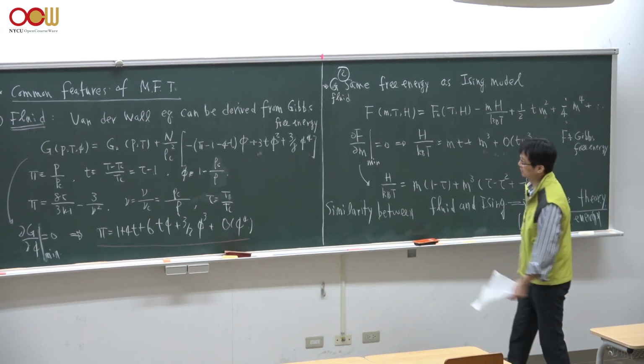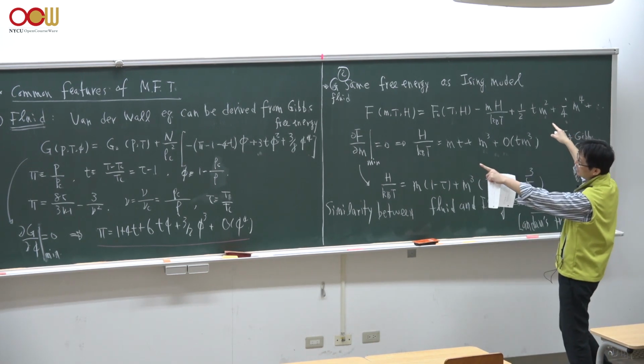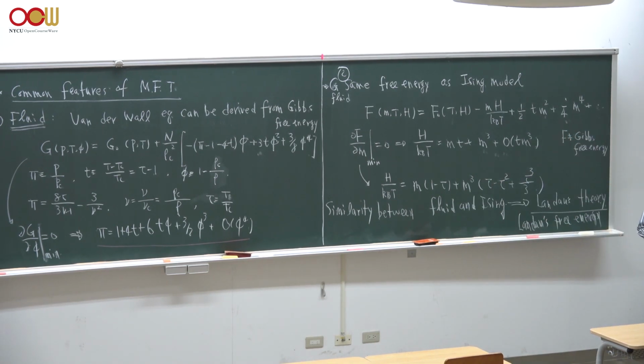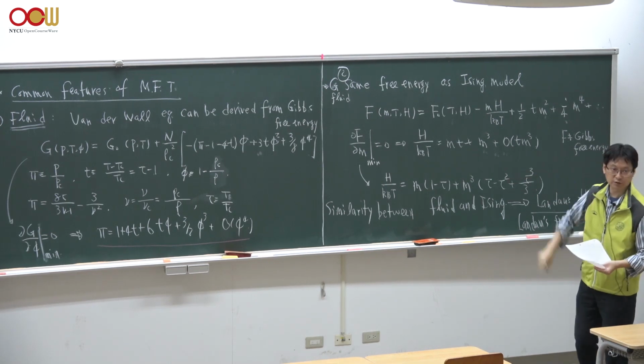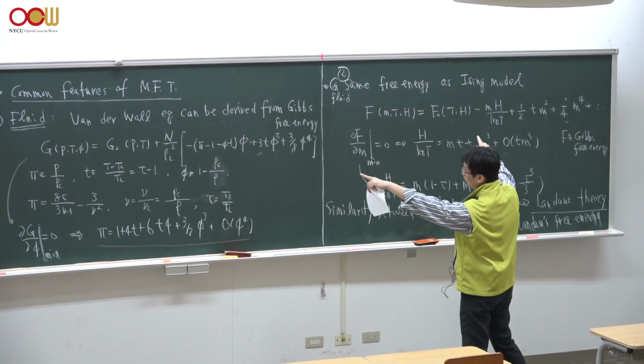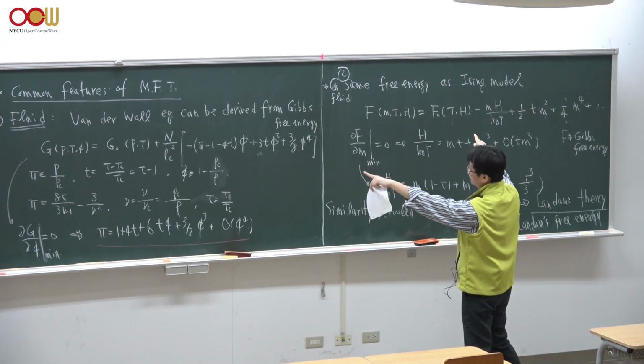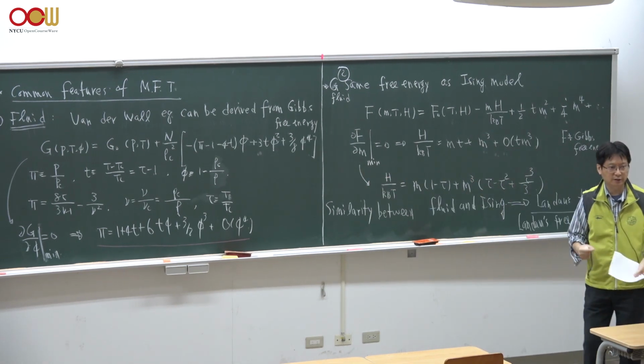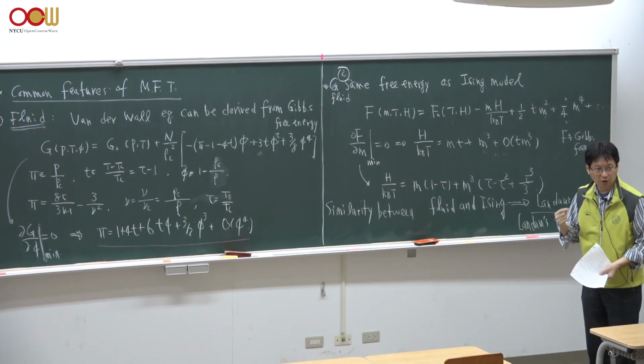So you can see that these two free energies have exactly the same mathematical form, though the prefactors, these coefficients, are different, but you could always find such a free energy which can be expanded in terms of the powers of your order parameters.